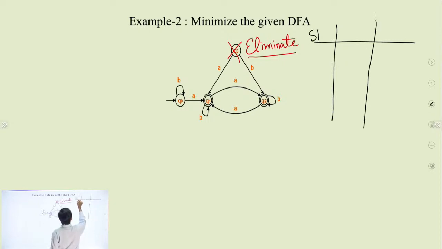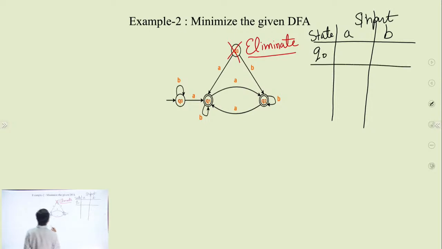So there are states and inputs A and B. On state Q node, on input A we can go to Q1. On input B, on state Q node we can go to state Q node only. Now see the next state Q1.